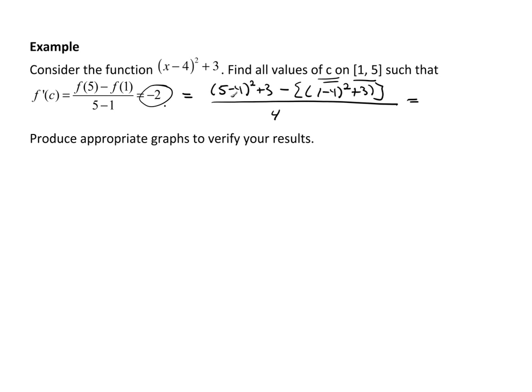Let's see, 5 minus 4 is 1. 1 squared plus 3 is 4, minus a negative 3 squared, which is 9, 9 plus 3, 12, over 4. 4 minus 12 is negative 8 over 4.